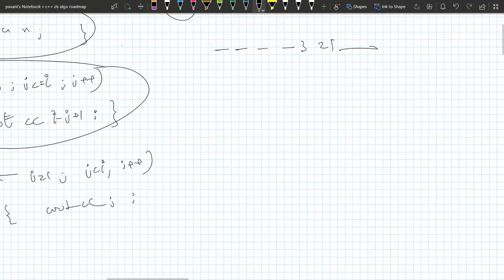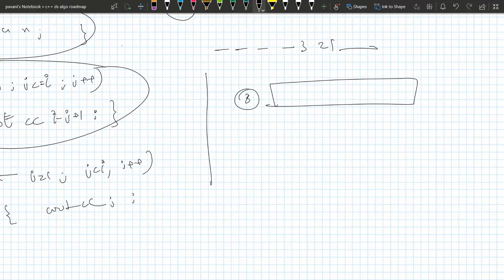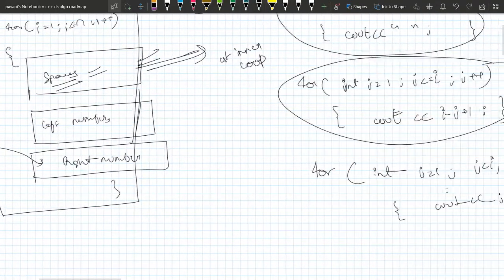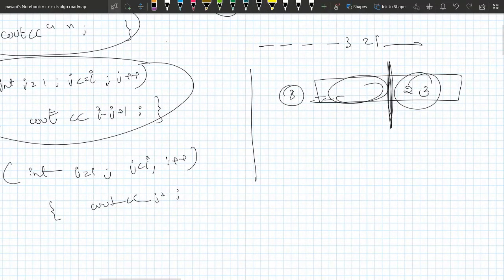If I take i equal to 3, the third row which is being printed, after printing the spaces and left side values, we are left with 2 and 3 over here. That means we have to print j plus 1, because for j value 1, number 2 is being printed, so we have to print j plus 1.